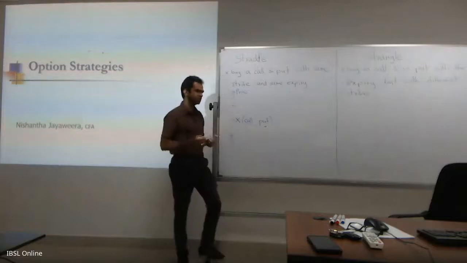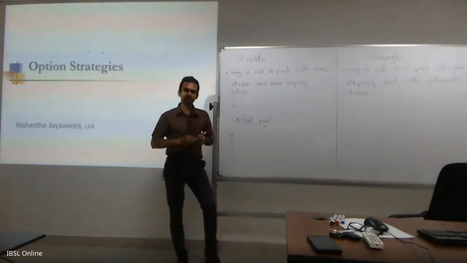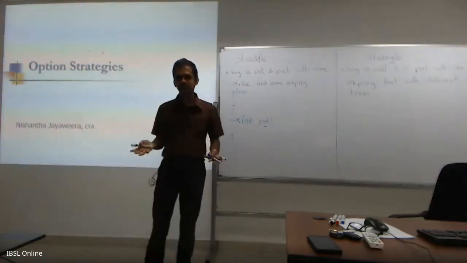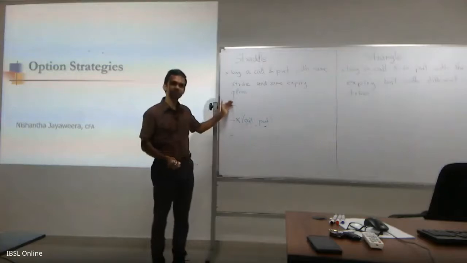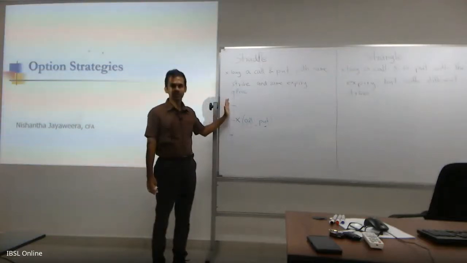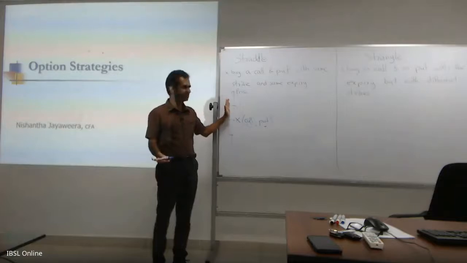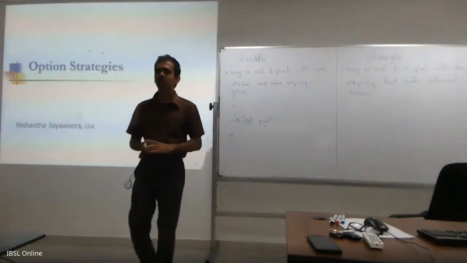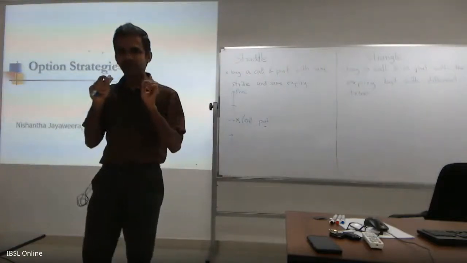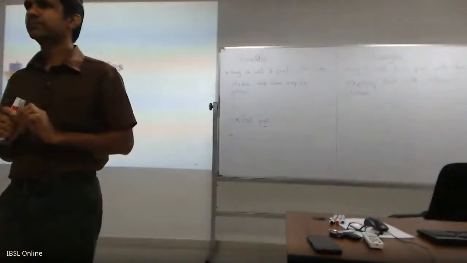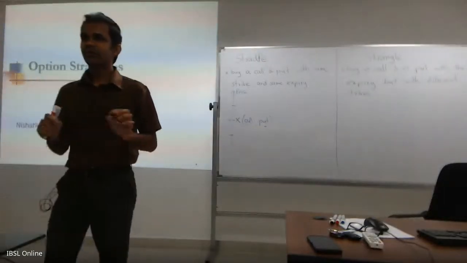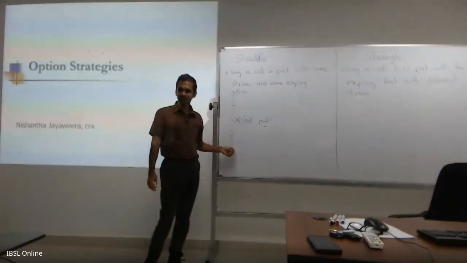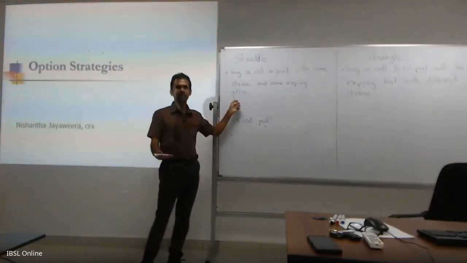If the price is above the strike, the put option has no value, but the call option is in the money, so you exercise your call option. So basically, when you buy a call and a put with the same expiry and the same strike, you don't have to worry about where the price goes. Either it goes down or goes up, you get something.